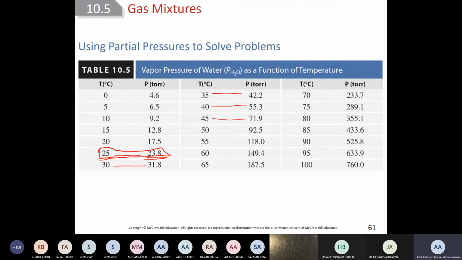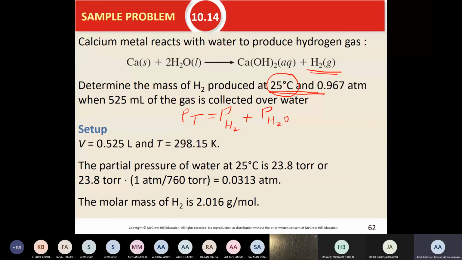Okay, 23.8. So can you change 23.8 torr to atmosphere? Divide by what? 760. Exactly. Give me an answer. So you have the P total now.